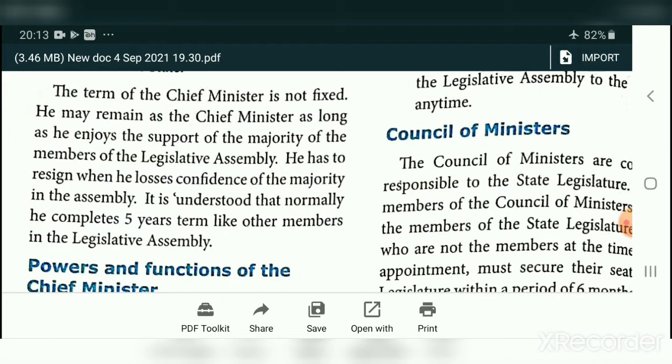He can enjoy the power for the period of 5 years. He has to resign when he loses the confidence of the majority in the assembly. Legislative assembly is the lower house of the legislature. It is understood that normally he completes the 5 year term. Note this one. The chief minister's term is 5 years like other members in the legislative assembly.